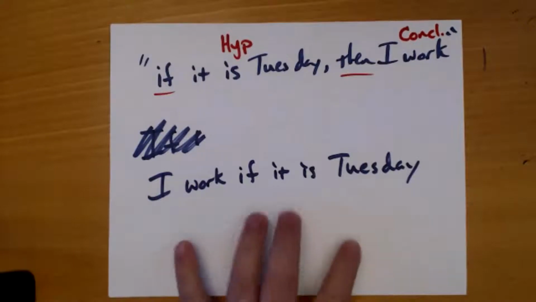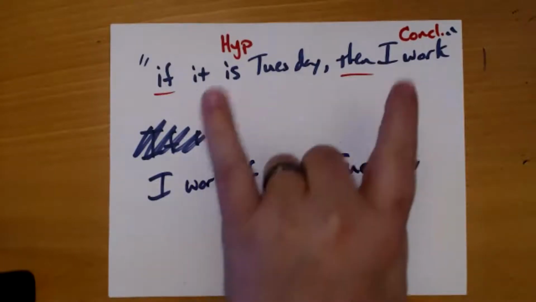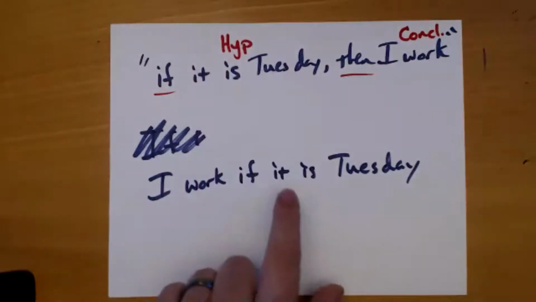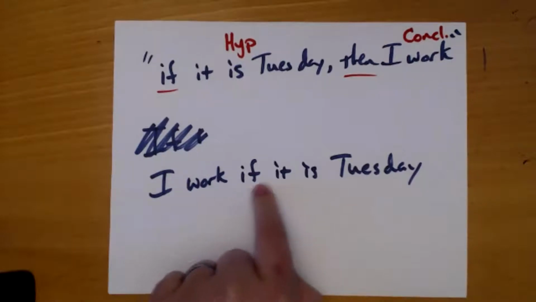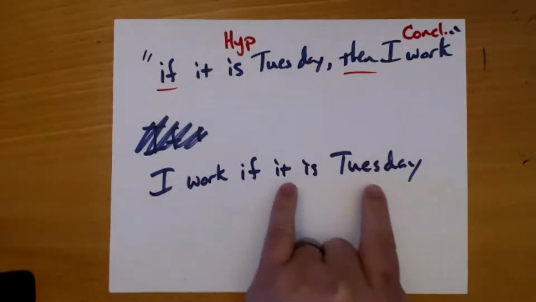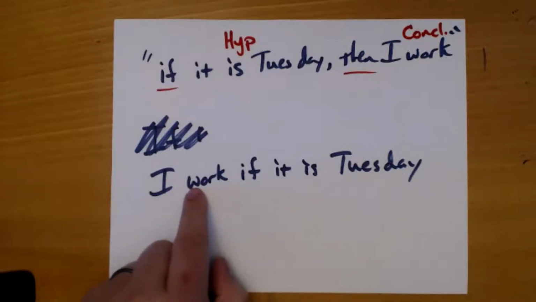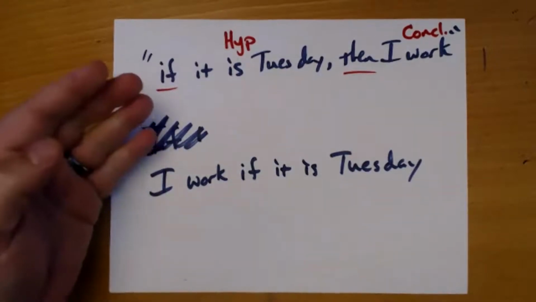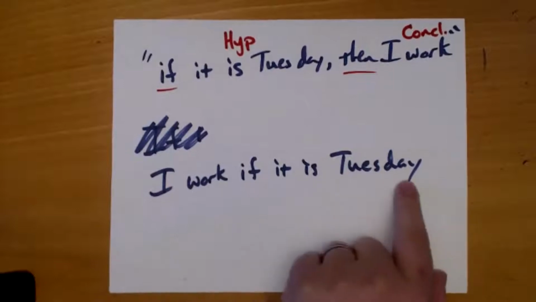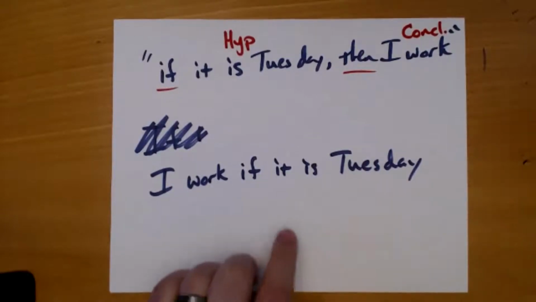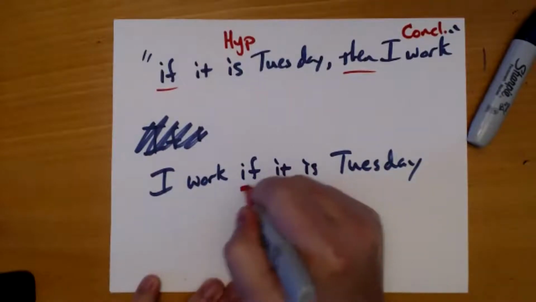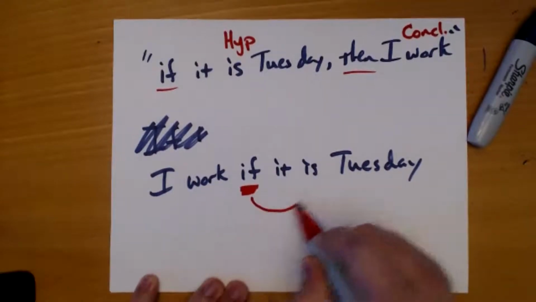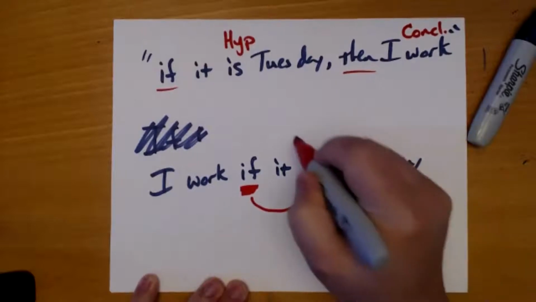Let's look at this sentence because it looks like I flipped it around, but if you look at it carefully, the if tells you that this happens first. You go to work because it's Tuesday. So even though it's out of order, the if tells you that this is your hypothesis.